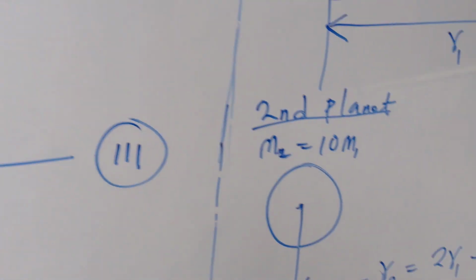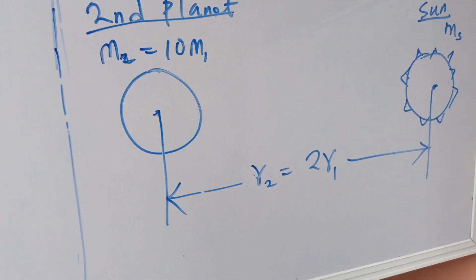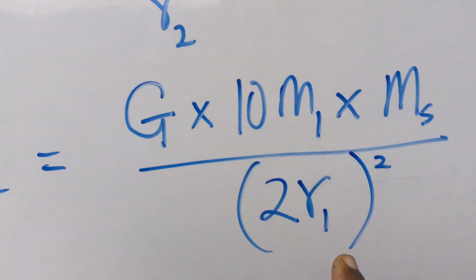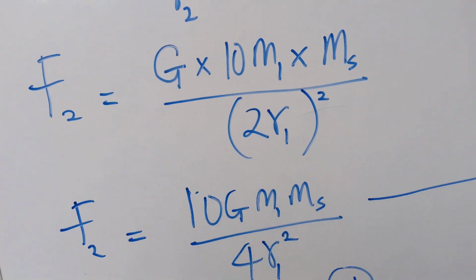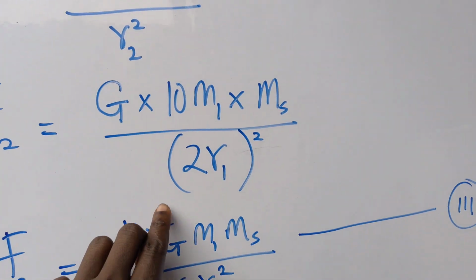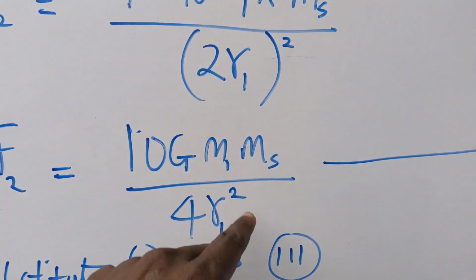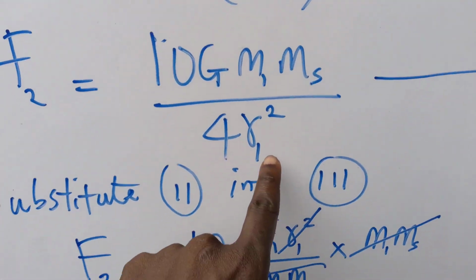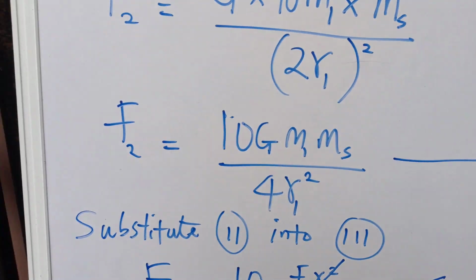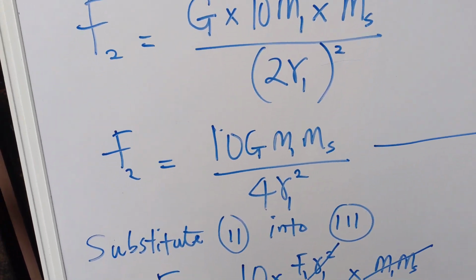We are also told that r2 equals 2r1, so in place of r2, I'll write 2r1, all raised to the power of 2. 2 raised to the power of 2 is 4, and r1 raised to the power of 2 is r1 squared.